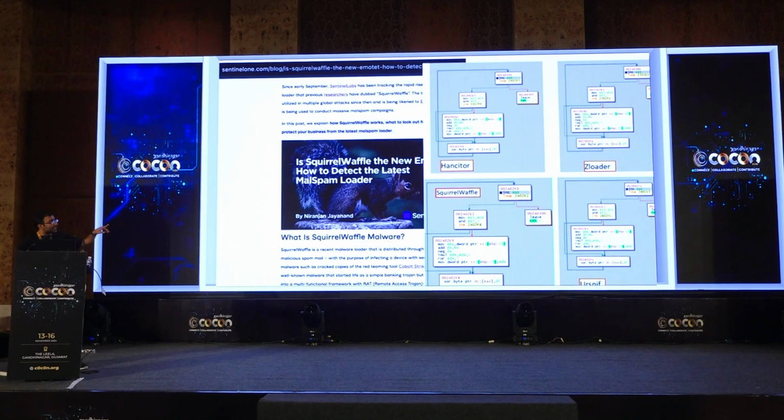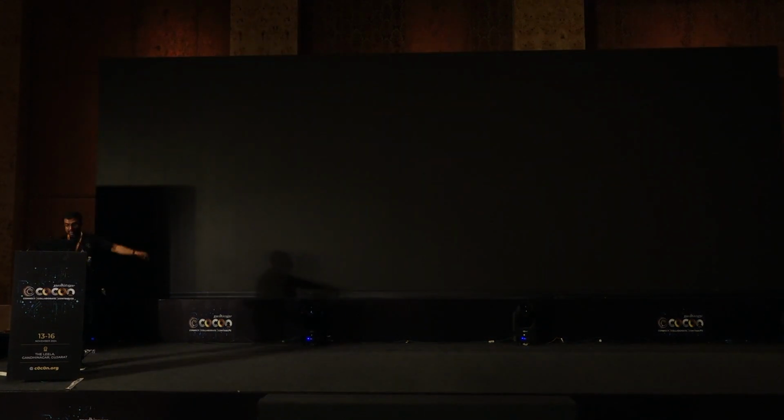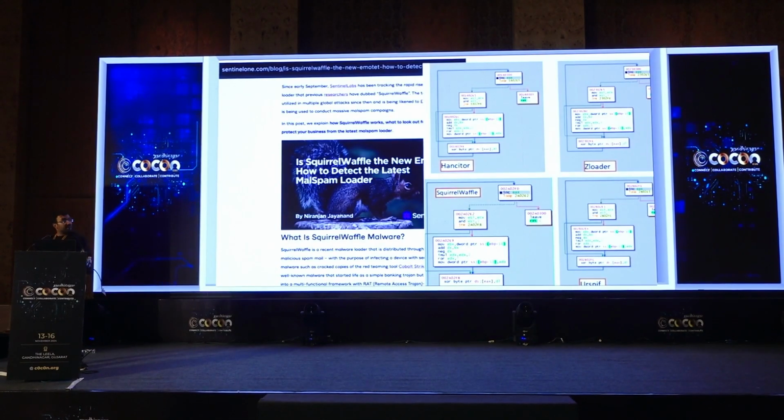And if you carefully see the block of code across these four malwares, Ancestor, Z-Loader, Squirrel Raffle, and Personal, they are kind of the same. It's not very complex. It's a single byte XOR key there, XOR byte DL, and above it there is a rotate ROR operation.